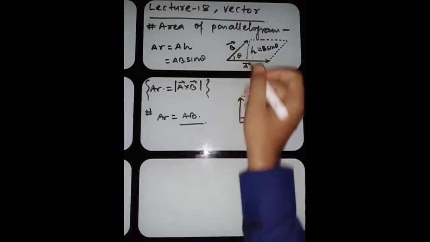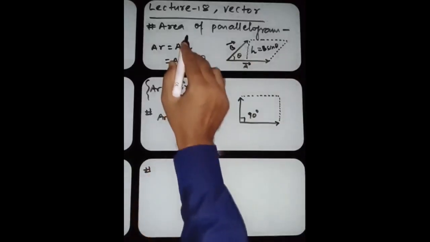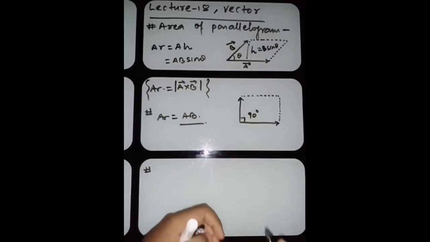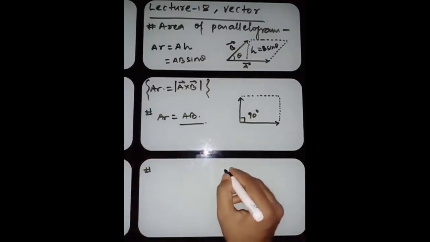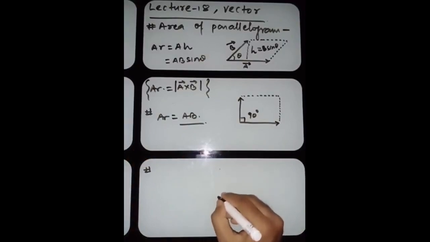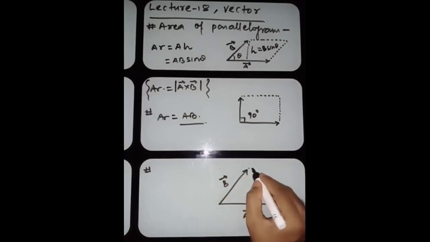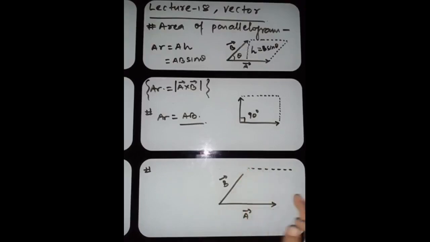Now the next one. Suppose, my dear students, in this parallelogram, a and b are two sides. If two diagonals are given, suppose this is the parallelogram. Sorry, the sides are not given, the diagonals are given.